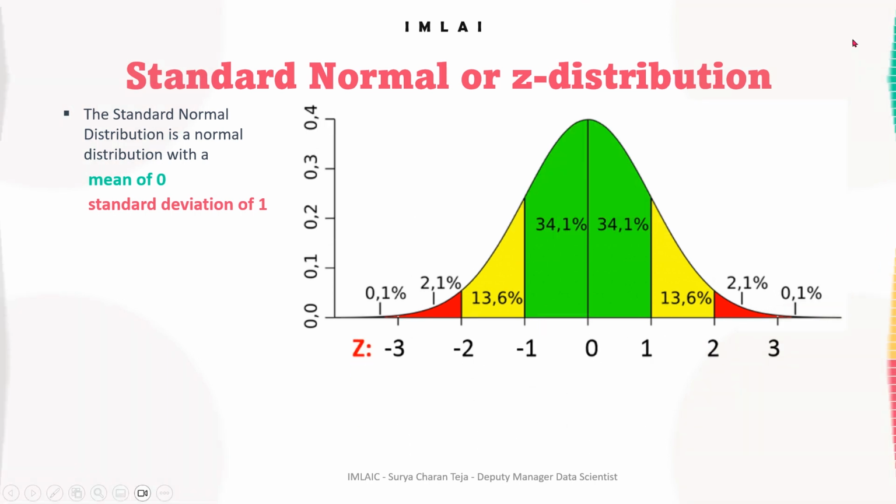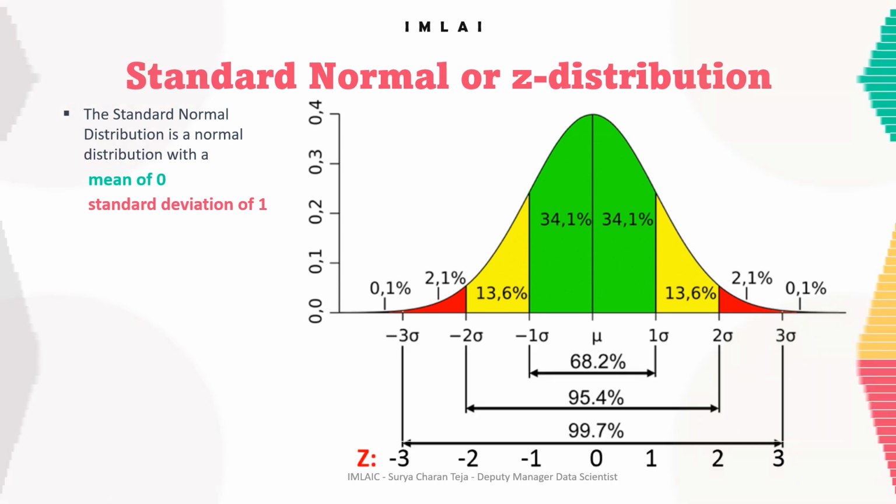Yeah, this is your standard normal distribution. You will not find mu and you will not find standard deviation. You will find only values 0, 1, 2, 3, -1, -2, -3, and these are known as Z-scores. Z-scores.